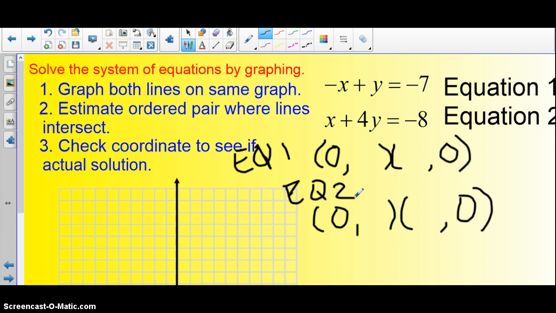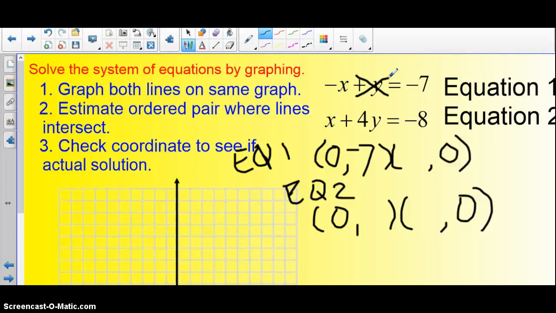And so let's substitute in. We've got a 0 for x. So when we zero this out, that tells you here that y is equal to negative 7. So I already have my first coordinate point by doing that. When I zero out my y, it tells you that negative x is equal to negative 7. We know that 2 negatives make a positive.